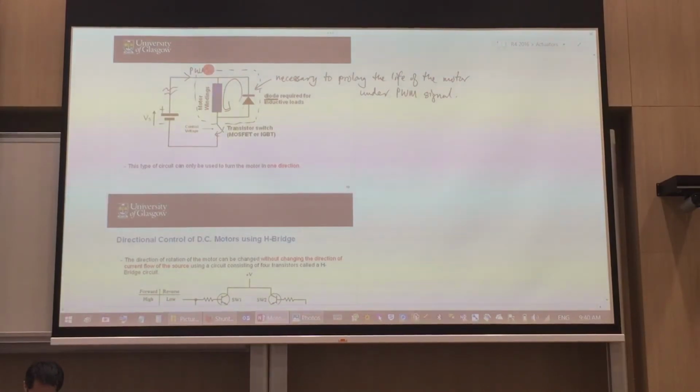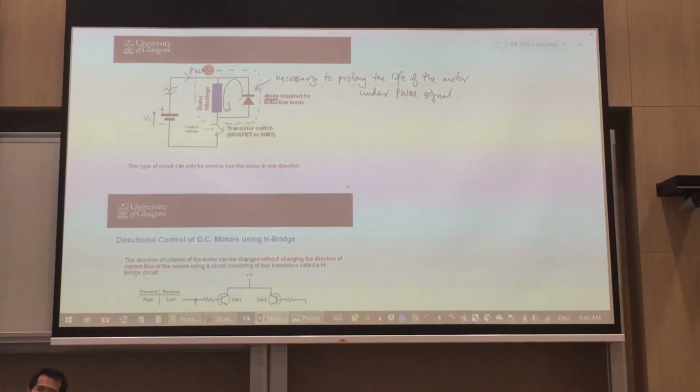So then we're interested to find out how do we rotate the motor in the certain direction that we want. Because for your PWM, you cannot have a negative PWM. Your PWM is always positive. Although recently there are also the negative PWM signals, but those are a little bit more complicated.